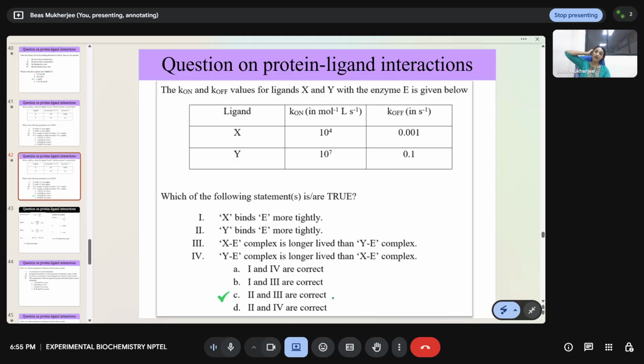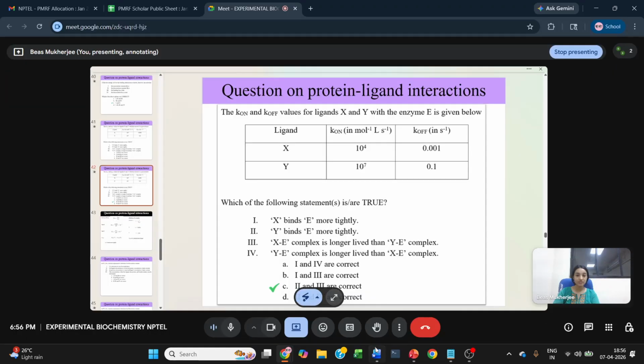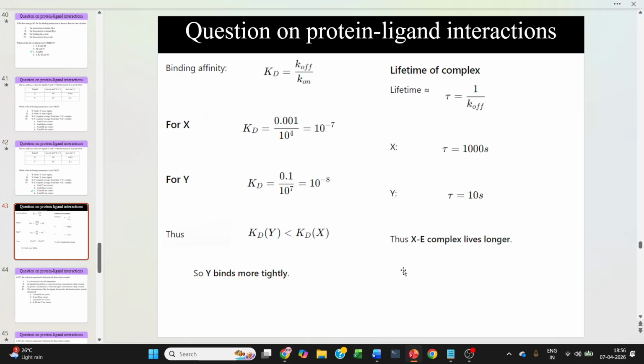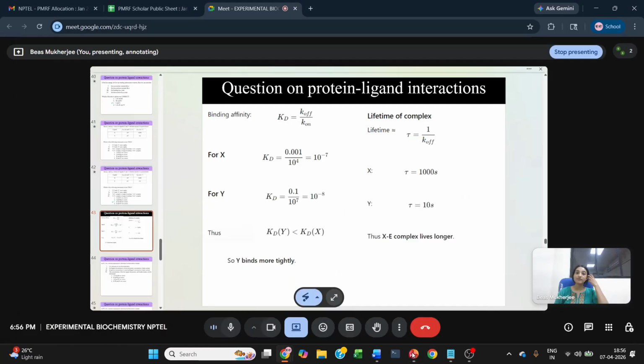Okay, and now they are asking you which of the following, whether X or Y, which one binds more tightly with E, and which complex lives longer. So how are you going to find that out? So the right answer is C, of course, but then how do you calculate, right? So the calculation is given here. So binding affinity is equal to K-off by K-on.